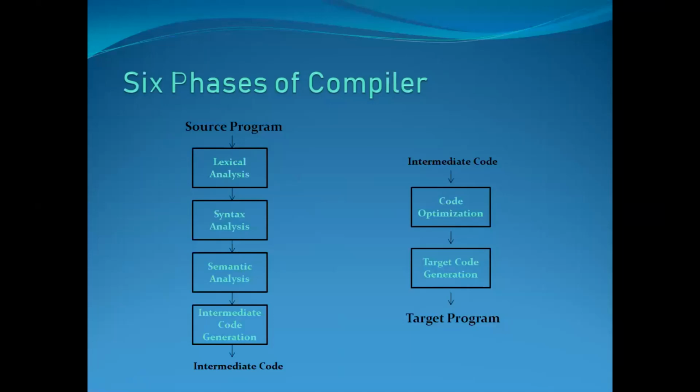And after successfully completing syntax analysis, the third phase is semantic analysis, which means the meaning-wise analysis of your program. So first of all, the main tokens, or you can say the elements of your program, are identified in lexical analysis. Then after that, those elements are hierarchically checked against the grammar of your language.